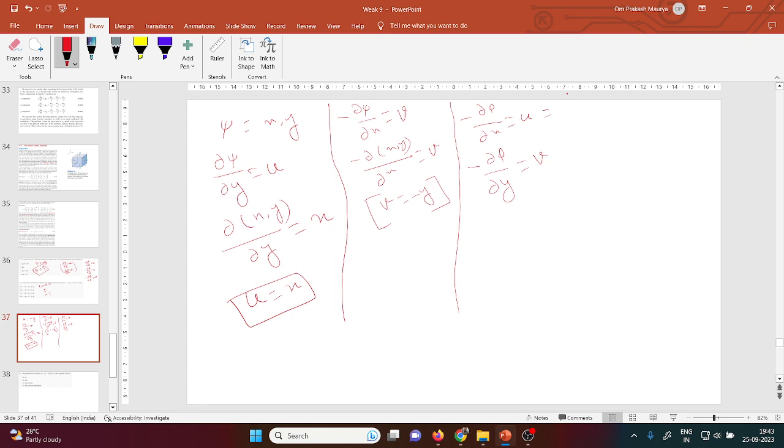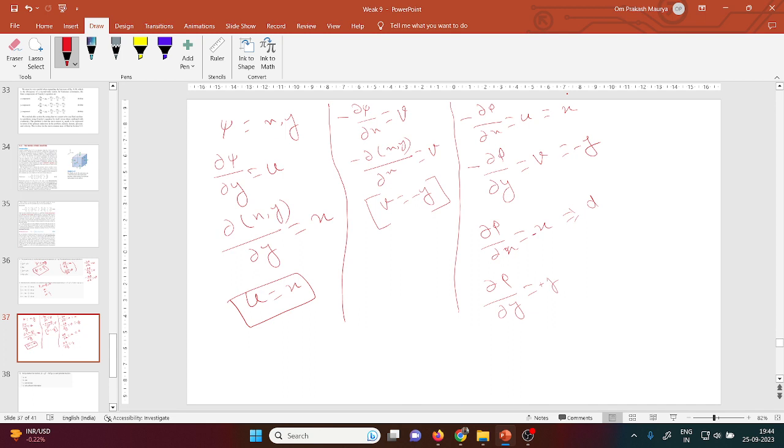So if u is equal to x, the final equation will become del phi by del x is equal to minus x, and del phi by del y is equal to plus y. So if you integrate these things, actually only the function of one variable, that is x.